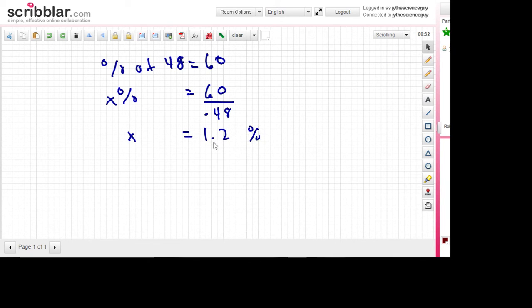So this decimal has to be moved to there. Something went wrong because there's no answer like that there. It's 125.